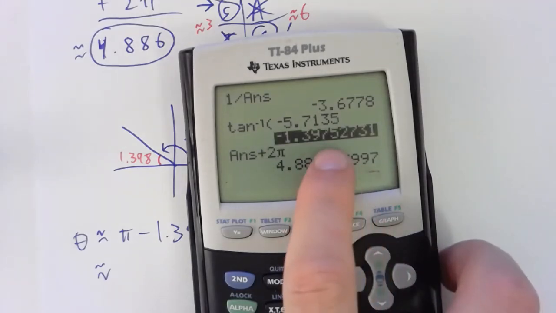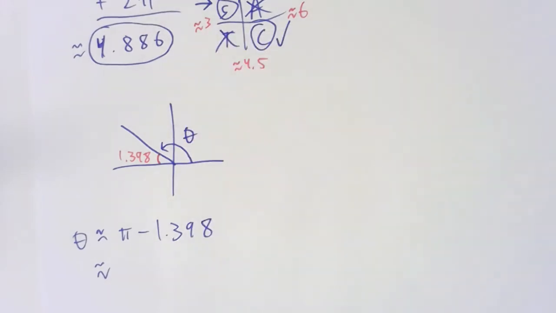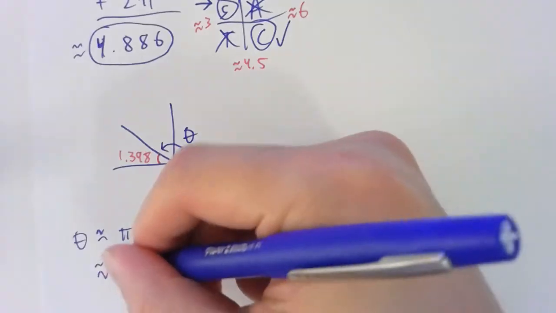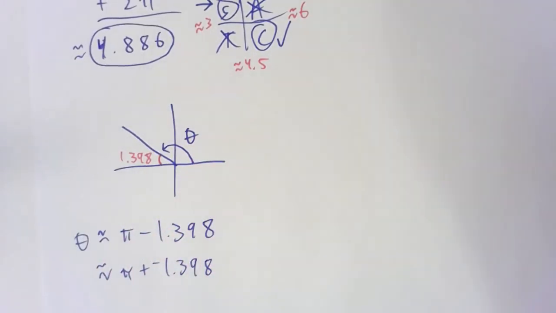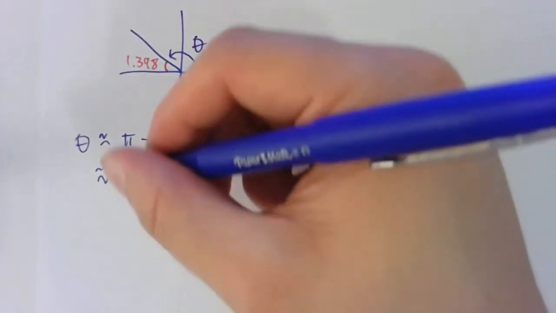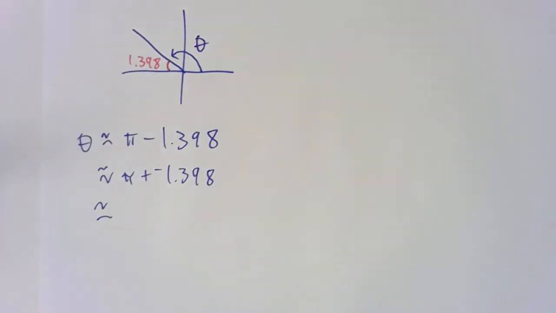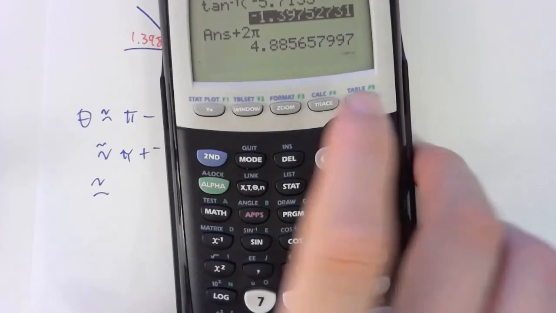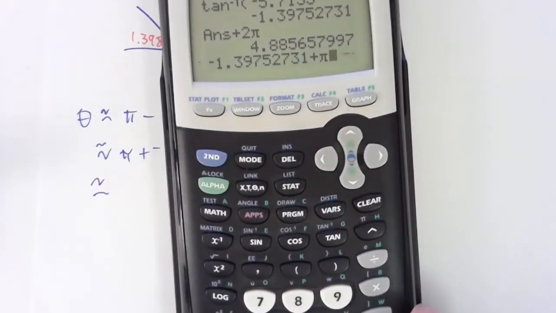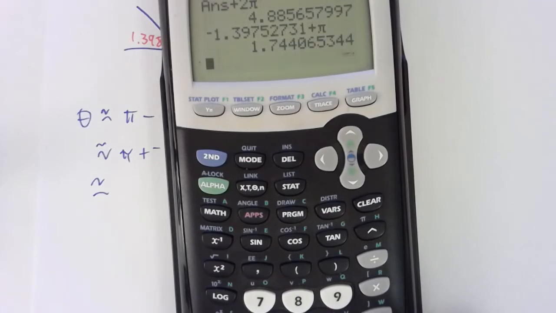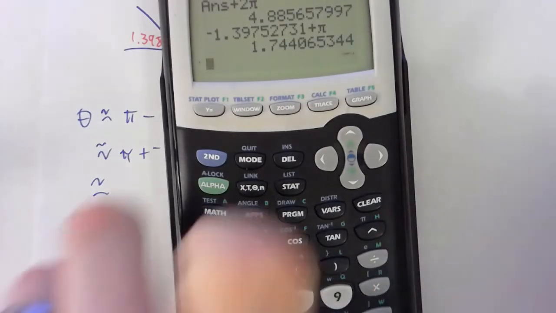I've got it as negative in my calculator. So to do pi minus, I actually want to do pi plus the negative 1.398. Okay. And that gives me my other answer. Okay, so I want this plus pi. And this gives me my other answer.